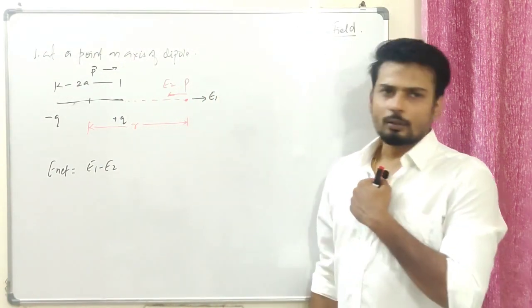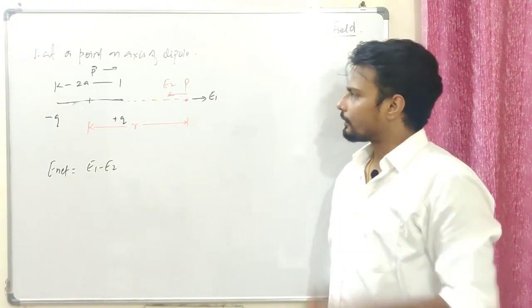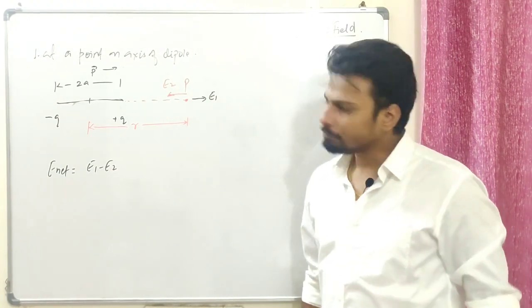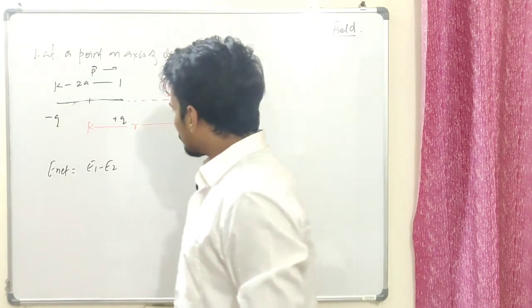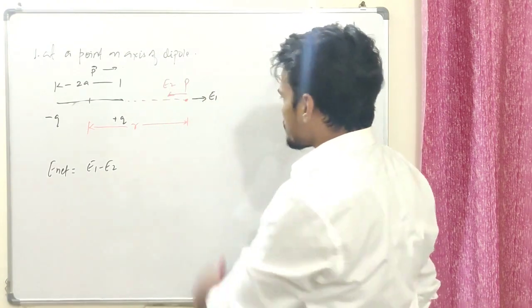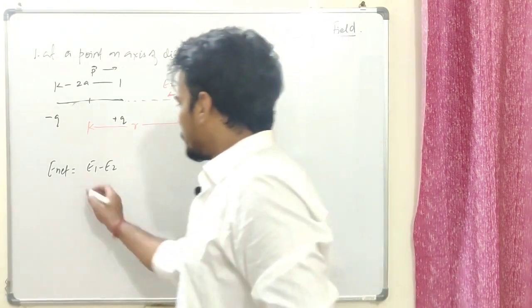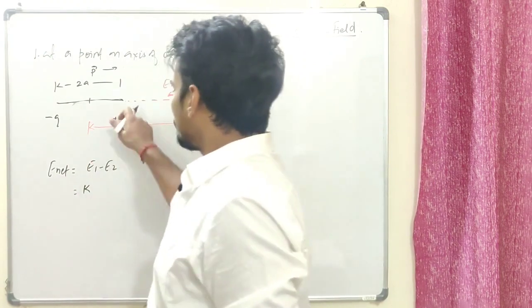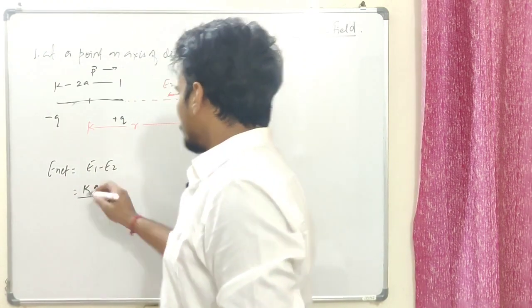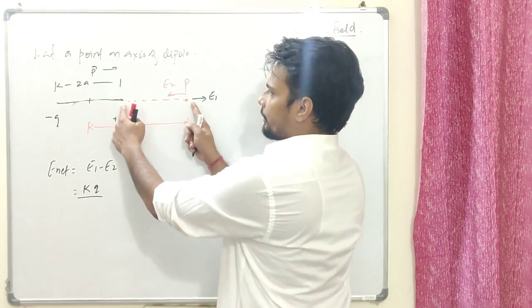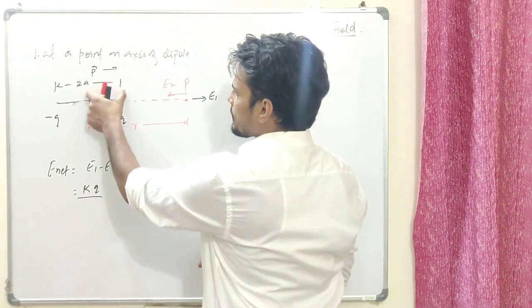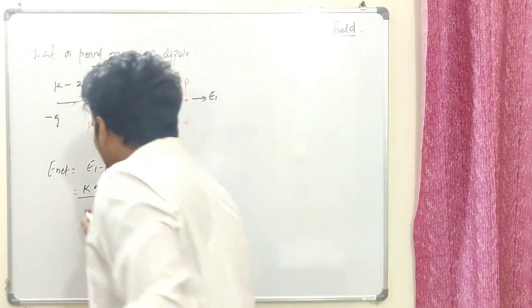Now the dipole moment is the vector product of the distance and the charges between the dipoles. I'm sure you guys know that. Anyways, let's quickly go ahead with this. E1 should be how much? kQ over this distance, which should be (r minus a) whole square. I'm going to put it right away.